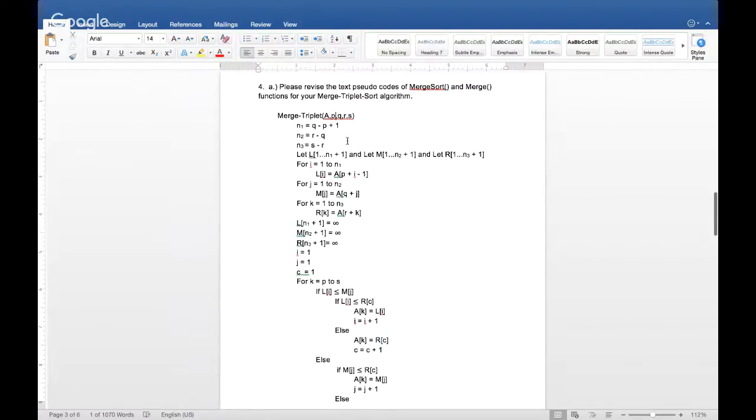So if P could be 0, and Q could be 3, for example, we would have, or excuse me, that's not correct. It is Q minus P plus 1.